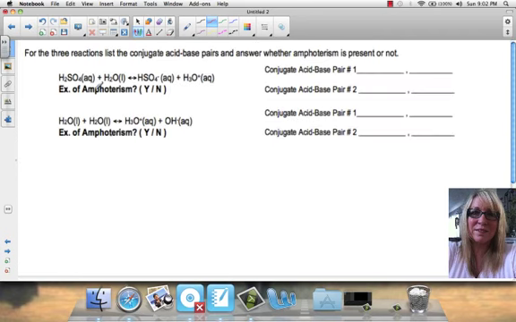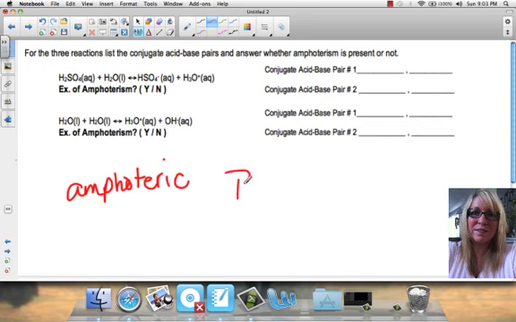For the 3 reactions listed, list the conjugate acid-base pairs and whether amphoterism is present or not. Remember, if something is amphoteric, it can act as an acid or a base. So this is referring to the other theory.